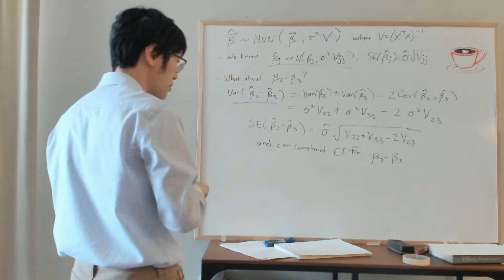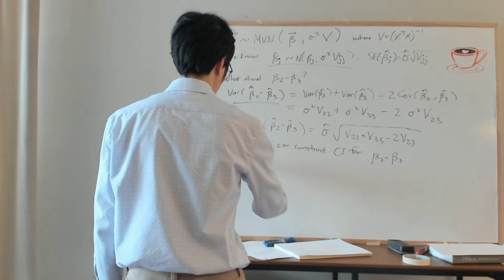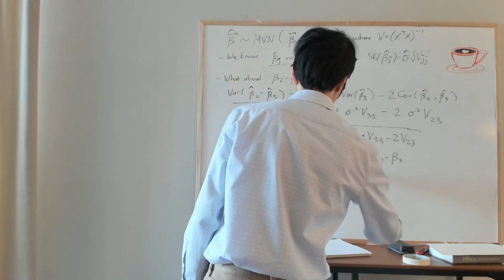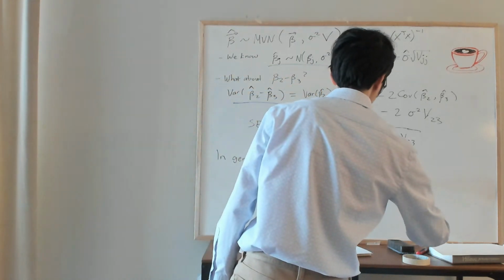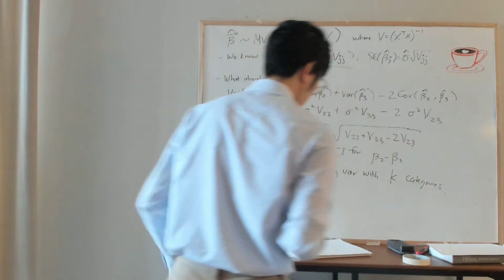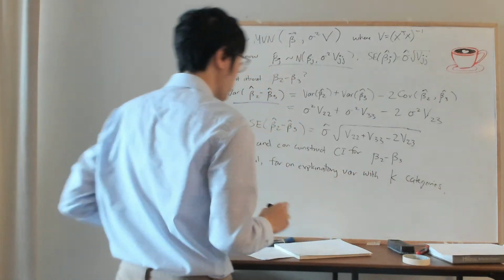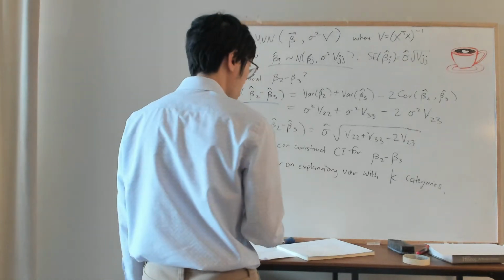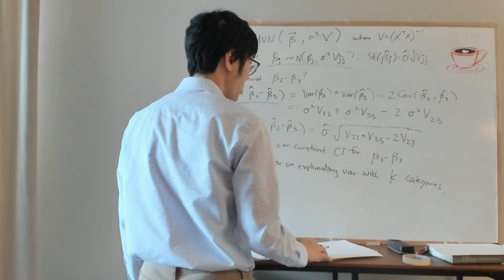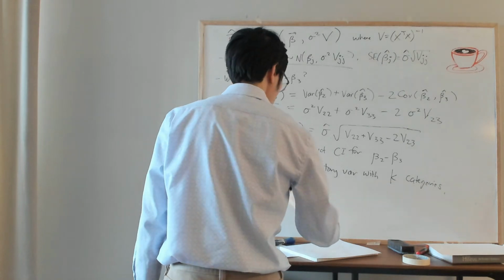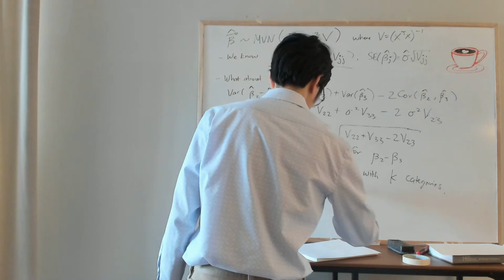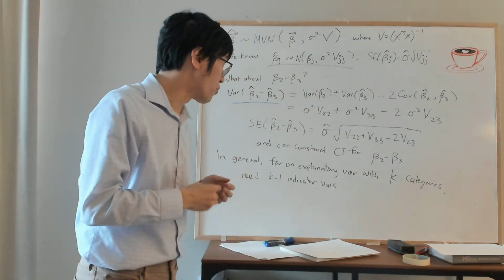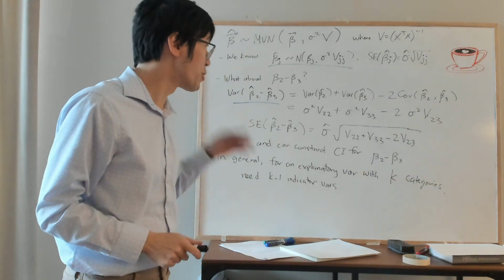But in general, for an explanatory variable with k categories, where we want to give each of them a particular mean response, we will need to define k minus 1 indicator variables, one less than the number of categories, to code for potentially a different mean response for each category.